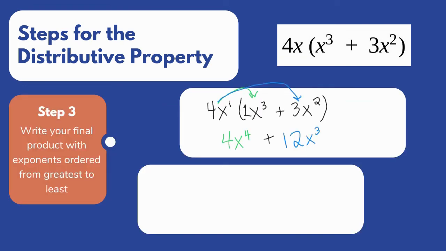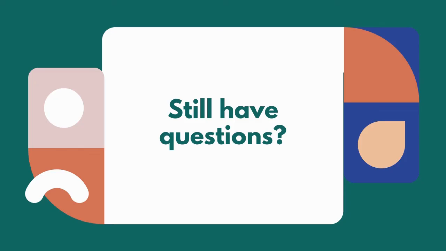Our last step, just like we did with the box method, is to write our final product with our exponents ordered from greatest to least. And it turns out they're already from greatest to least, so we have 4x to the fourth power plus 12x to the third power. Our exponents are from greatest to least, so that is our final product.